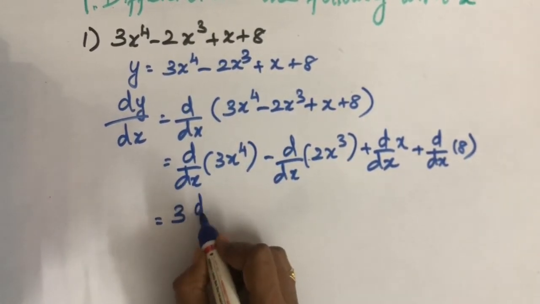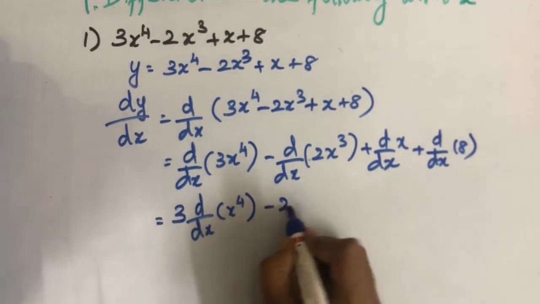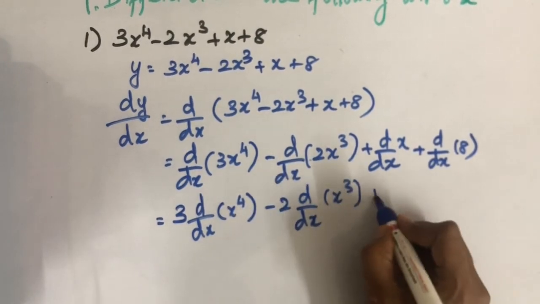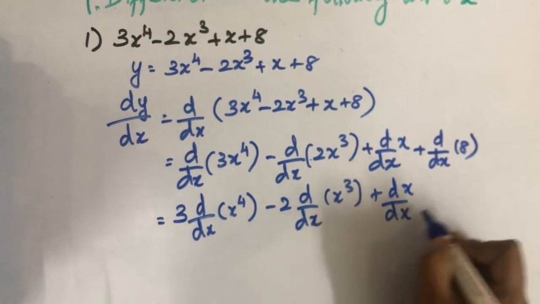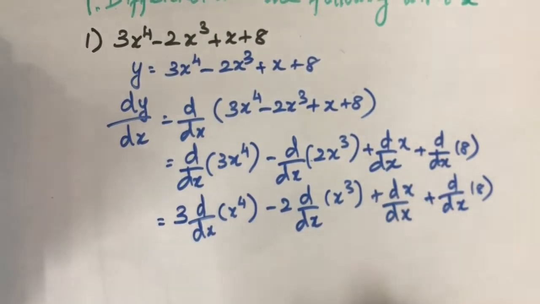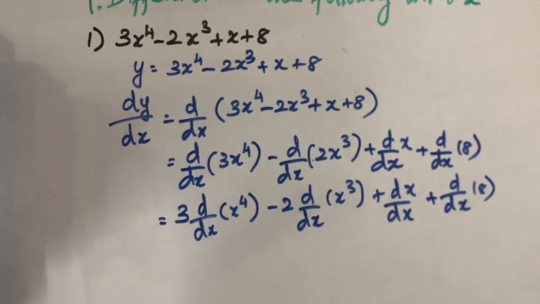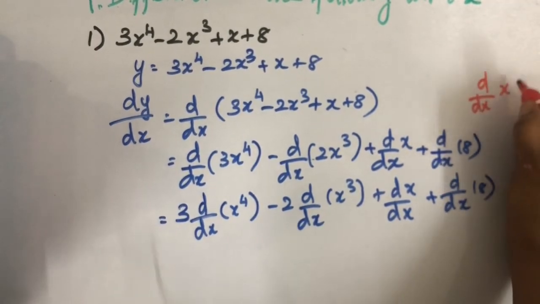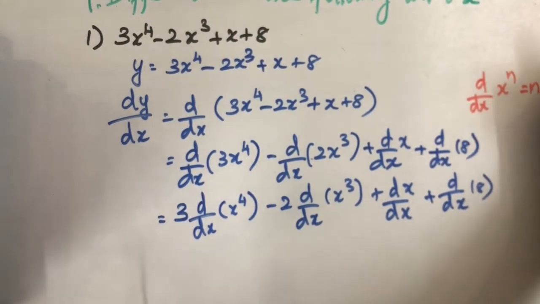So, 3 into d by dx of x power 4 minus 2 d by dx of x cube plus d by dx of x plus d by dx of 8. Which identity here are we going to use? It is d by dx of x power n is equal to n x power n minus 1.